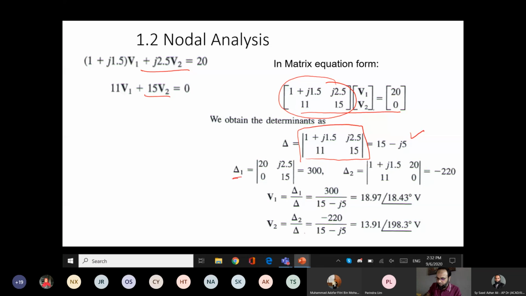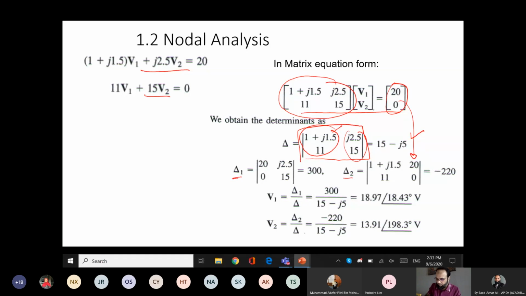For delta 1, we keep the delta but replace the V1 column with 20 and 0. For delta 2, we keep the first column the same and replace the second column with 20 and 0.